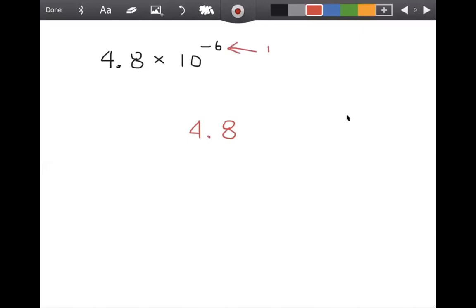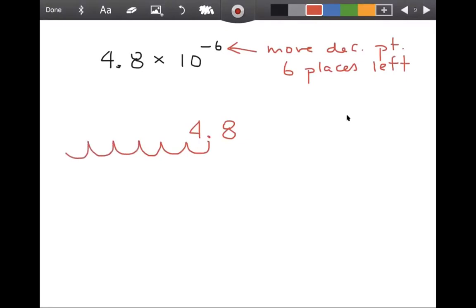So a negative 6 means move the decimal point 6 places left. 1, 2, 3, 4, 5, 6. All right, and there you have it.